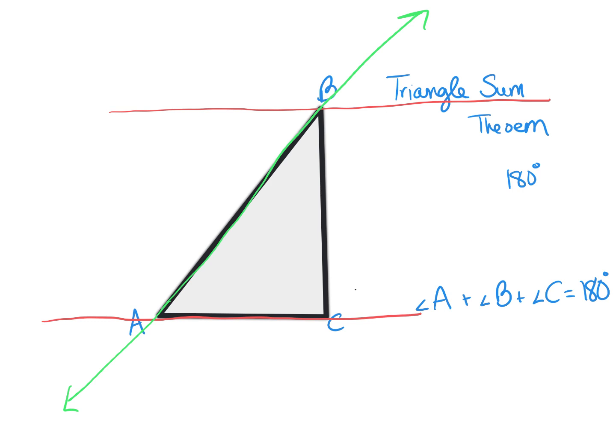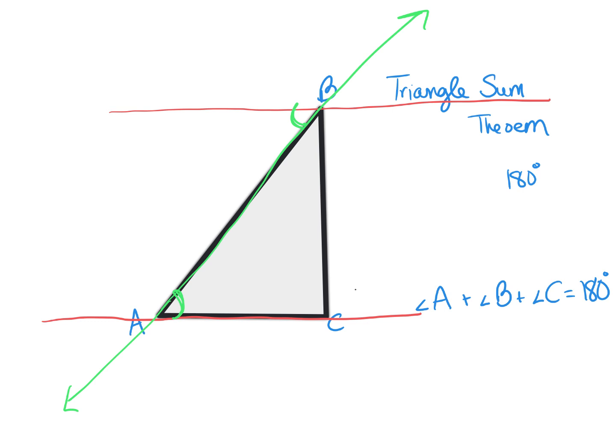Okay, so if you remember, alternate interior angles are congruent. We know this. Okay, and so along my green transversal, angle A and the green angle adjacent to angle B will be congruent.